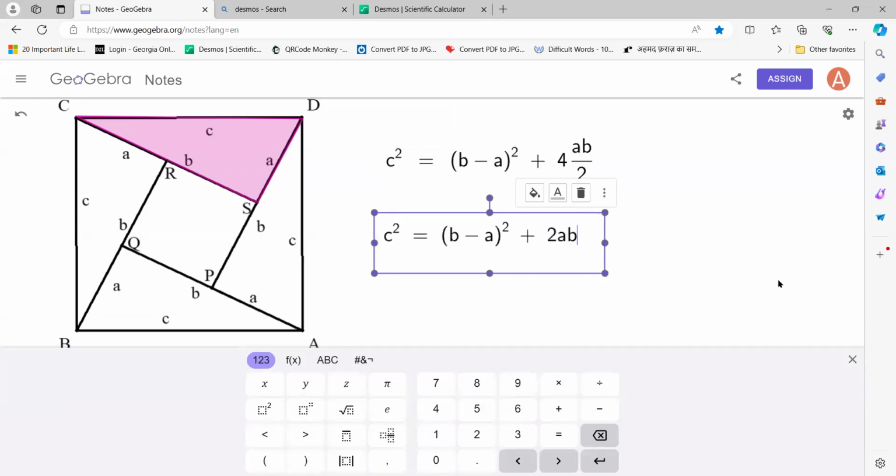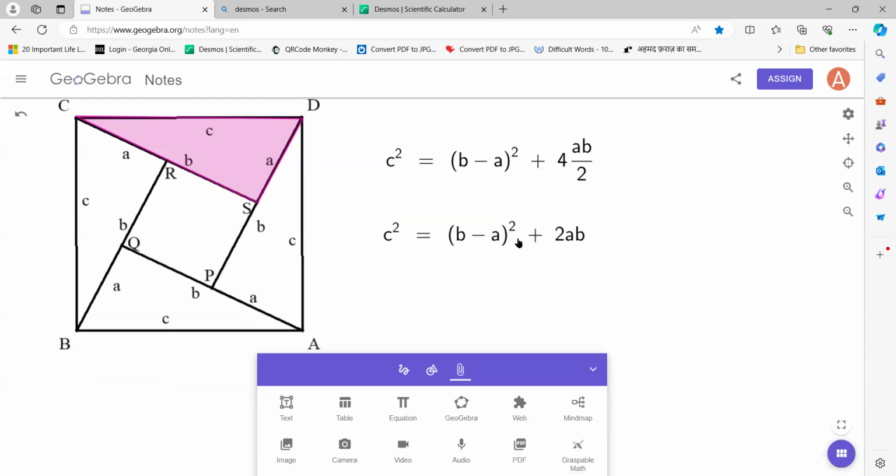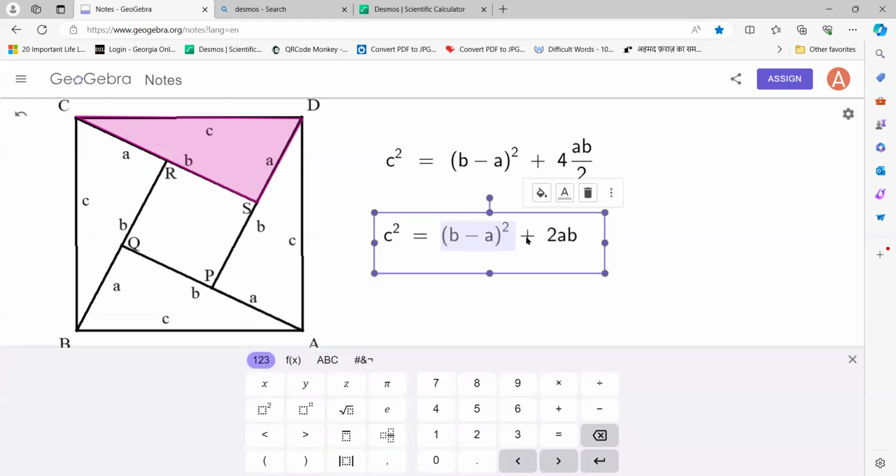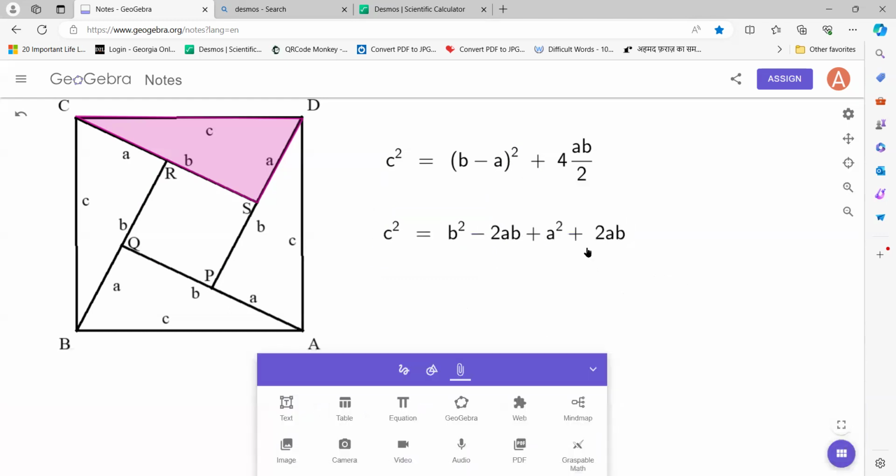And B minus A squared, if you FOIL it, you will get B squared minus 2AB plus A squared. Things are already looking pretty good.